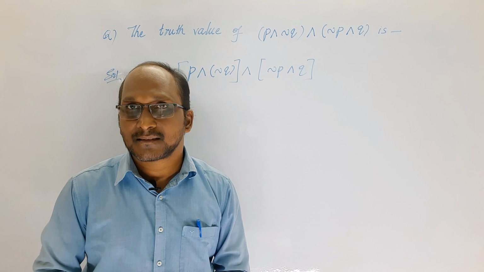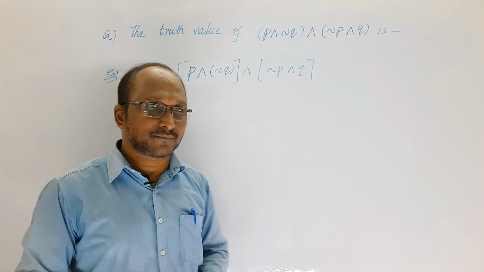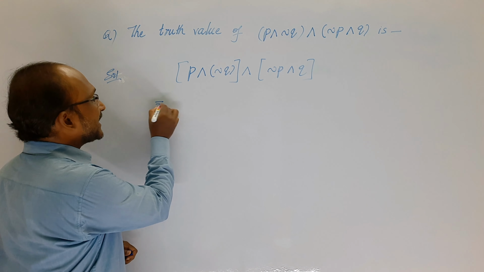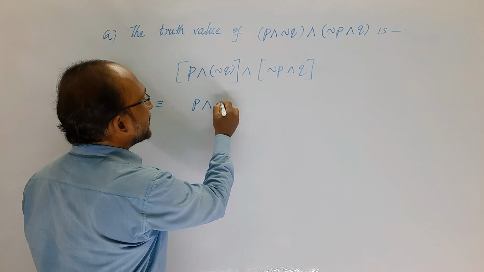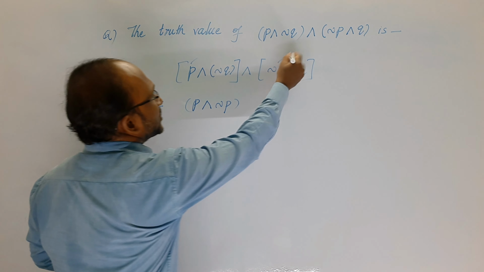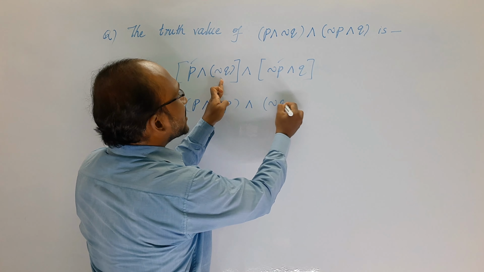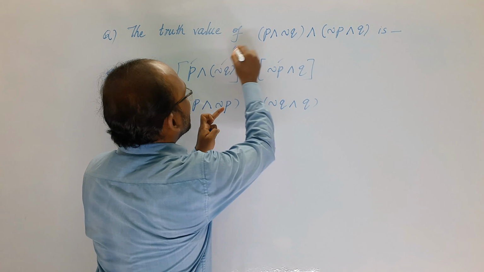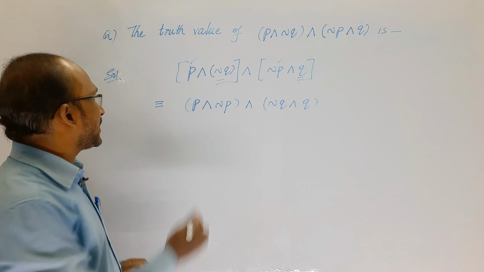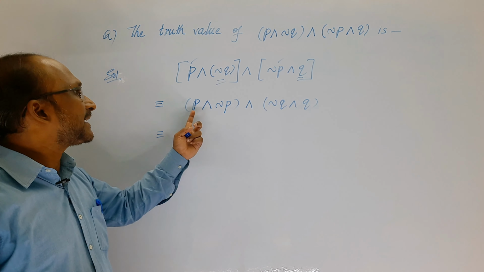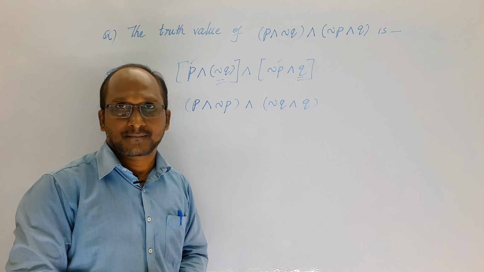But we know that the conjunction of statements is commutative. That's why we can write this statement as P and negation P, these two in one bracket, and negation Q and Q, these two in another bracket.